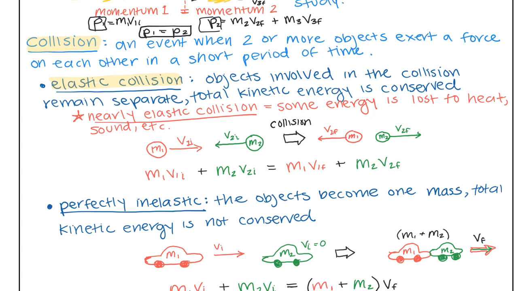So all of this is meant to say that the momentum is conserved. Even though we've got these tiny little subscripts here, what this is really saying is there is a momentum here, which is represented by mv. How about we label this momentum 1, initial.